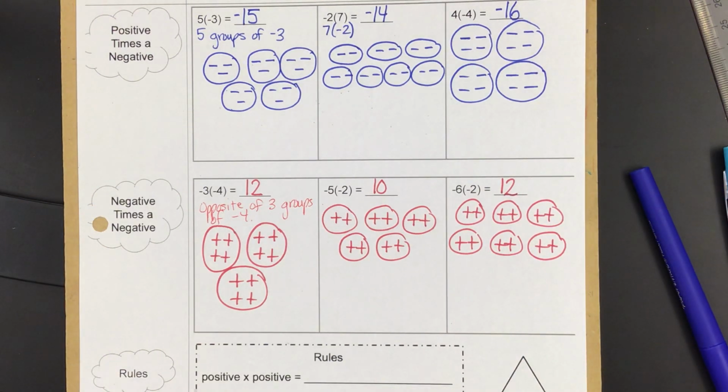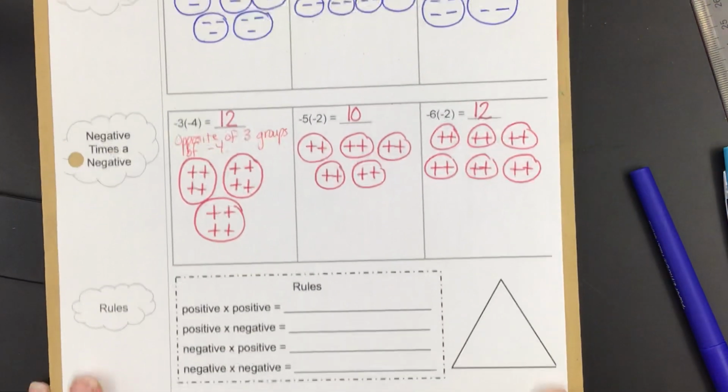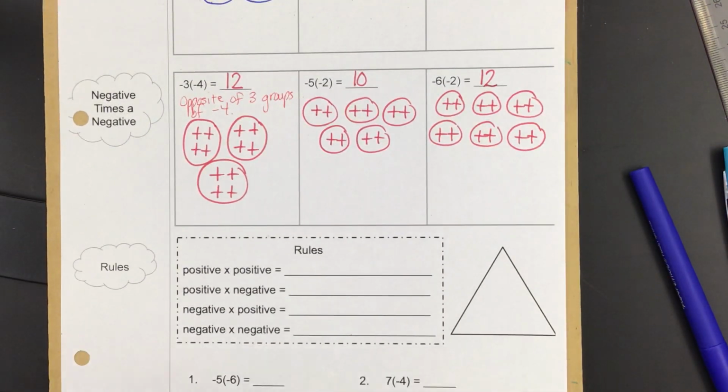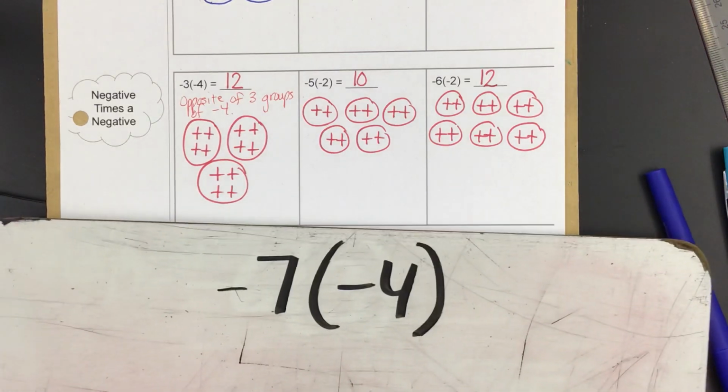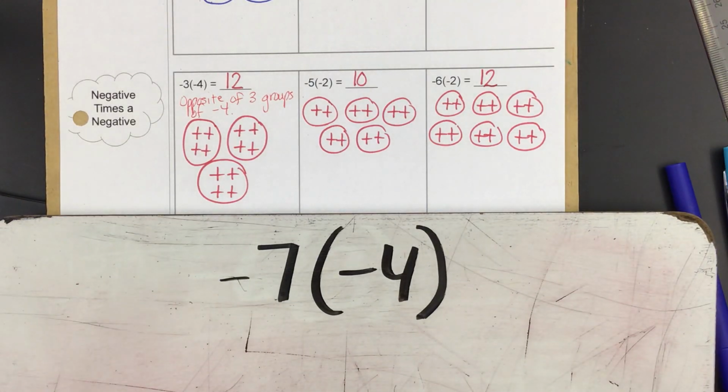Not too bad, right? Hopefully. You guys did pretty well on this yesterday. Let's try a couple on our whiteboards. Let's do the same one we did the last time, but just change it up a little bit. So now this is -7 times -4.